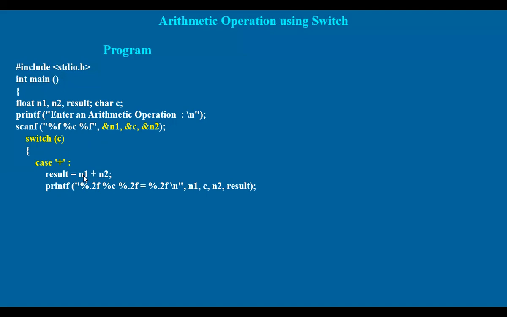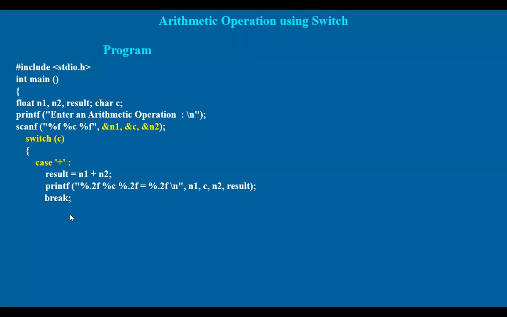Then as %c, whatever input you have given is also printed here. And then n2 is displayed: n1, the arithmetic operation, and n2 is equal to the result. The result, whatever is calculated here, is printed in this position.